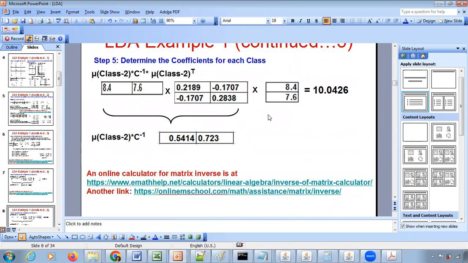And then this transpose of 8.4 and 7.6. So if you go through the multiplication, this is what we get. And if you multiply this matrix with this 8.4, 7.6, we get this scalar quantity. So these are the 4 things that we need to store or remember for our predictions. So this value for each class, this entire scalar value, which for class 2 is 10.0426, and this intermediate product matrix for each class as well.